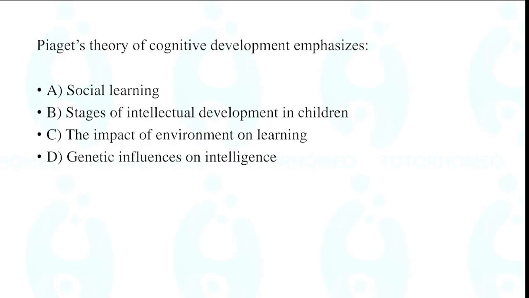Piaget's theory basically outlines stages that describe how children's thinking evolves from concrete to abstract as they grow. Okay, the child's growth has been divided, and Piaget has said how thinking evolves from concrete to abstract at each particular stage, and that comes under Piaget's theory. So here it's all about stages of intellectual development in children.